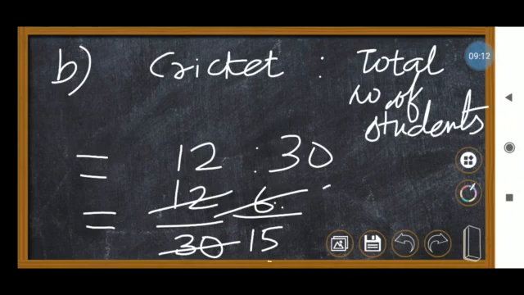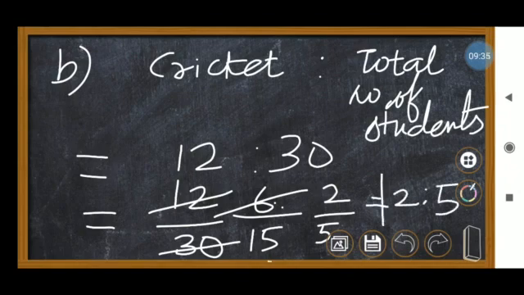So the 3 table: 2 3s are 6 and 5 3s are 15. So 2 divided by 5. Otherwise we can divide directly by the 6 table: 2 6s are 12, 5 6s are 30, and for 2 by 5 we cannot divide by any other table apart from 1. So 2 by 5 can be written as 2 is to 5.